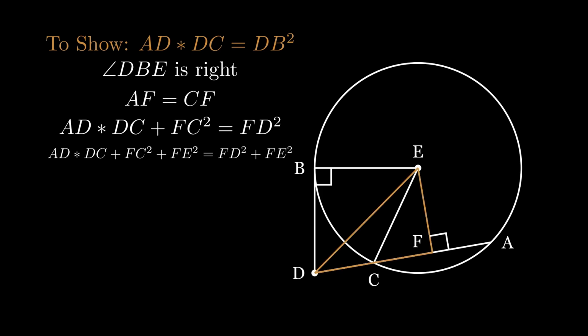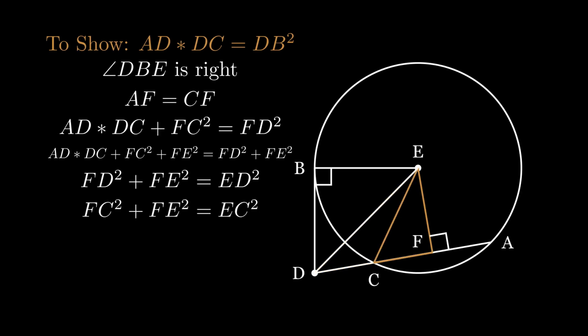Triangle DEF is a right triangle, so FD squared plus FE squared is equal to ED squared. And triangle CEF is a right triangle, so FC squared plus FE squared is equal to EC squared. So we have that AD times DC plus EC squared is equal to ED squared.